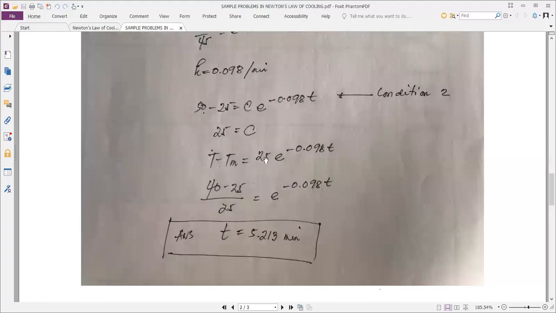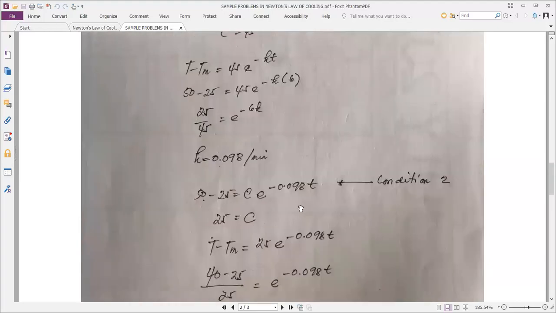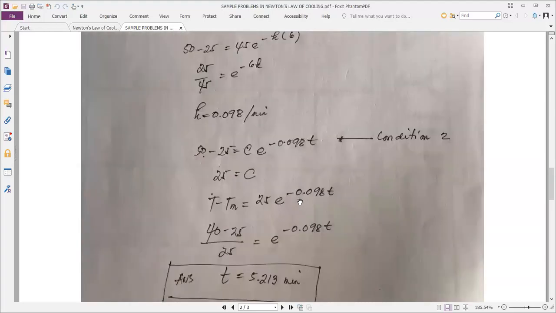Now, you may ask, why did you not change the K? Your K here above, which is 0.098, is the same K that you used here. The answer is very, very simple, class, and you have to understand this principle. The rate constant of the object is not dependent on from what particular time it undergoes cooling.